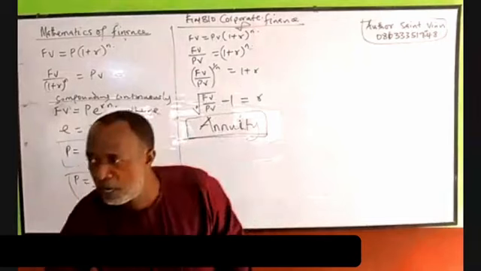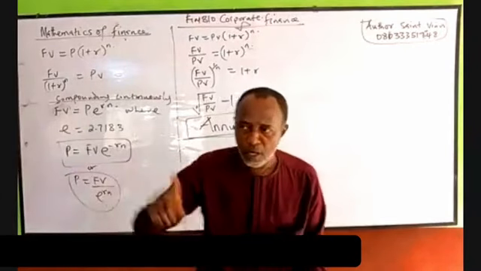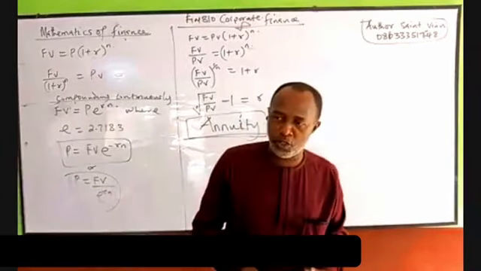And in examination, you need to look at the question very well to find out, is it at the end or is it at the beginning? Because when they give you the question, they will state end or what. So if you do not check the question very well, you will not know the formula to use, whether I'm using future value of ordinary annuity or future value of annuity due.